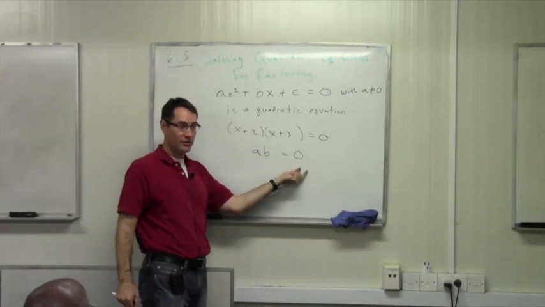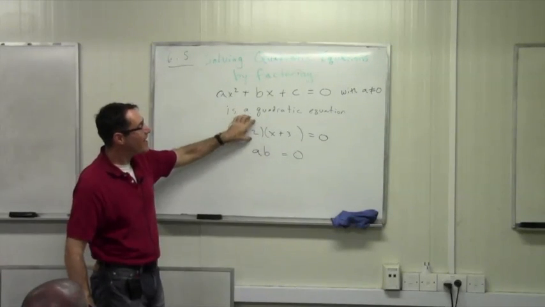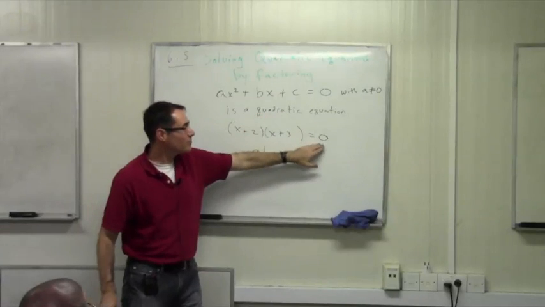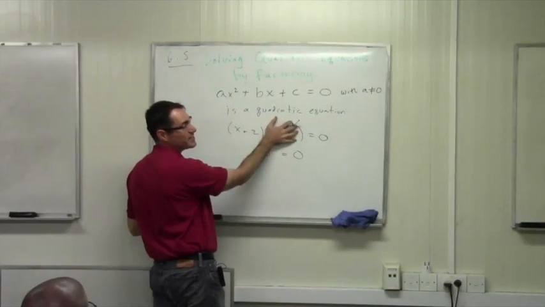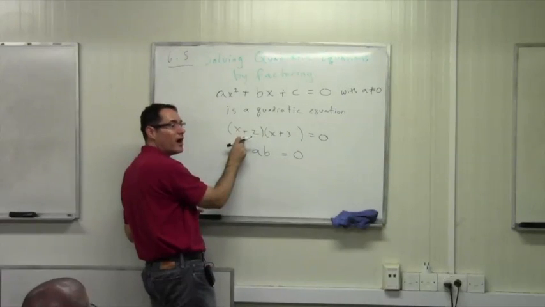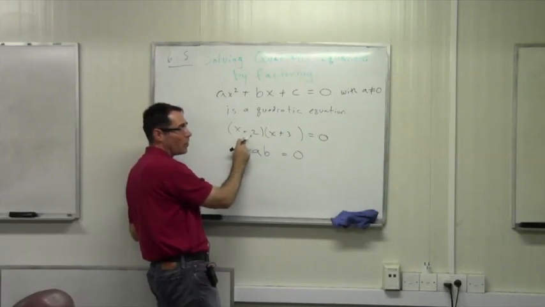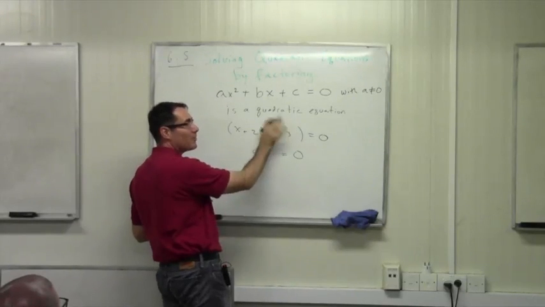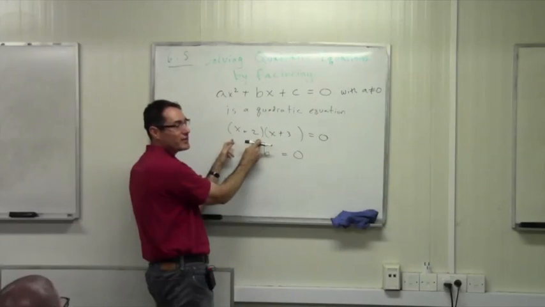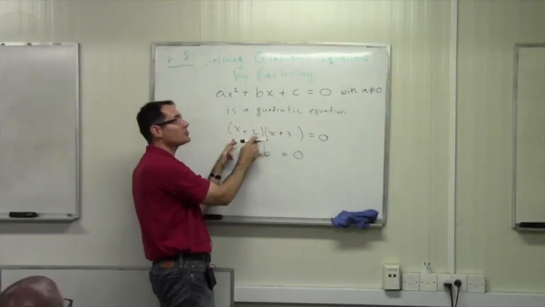That means that we can pretend that one of them is some number other than 0, pretend that the other one is the one that's equal to 0, and solve for that.